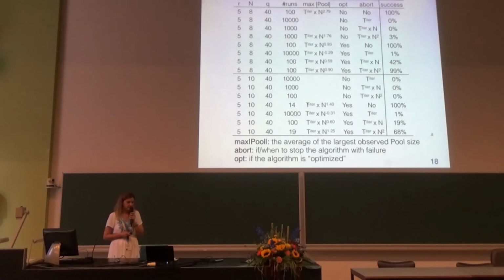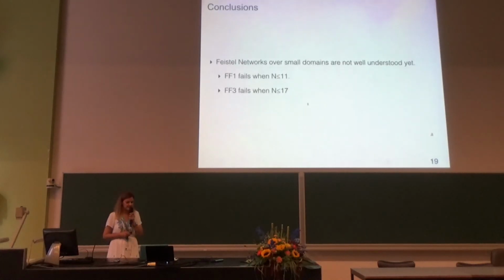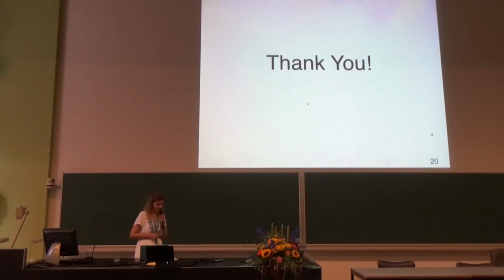And so I'm just going to conclude my talk by saying that maybe we need to understand Feistel networks over small domains before we use them for format-preserving encryption, which is, I think, a very important primitive that people started immediately using in industry, in real cryptography. And we can say that for theoretical results, FF1 and FF3 fail for some small domains. Thank you.